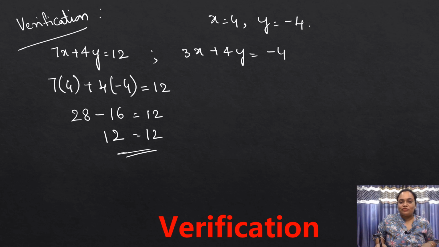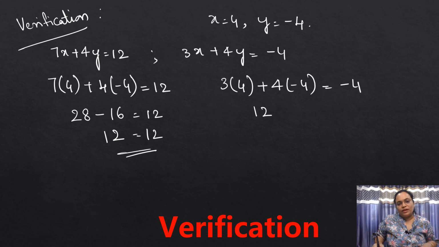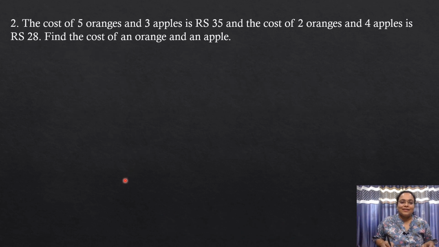Now let us check for the second equation. 3 of 4 plus 4 of minus 4 is equal to minus 4, which is 12 minus 16 is equal to minus 4, which is minus 4 equals minus 4. This also satisfies.